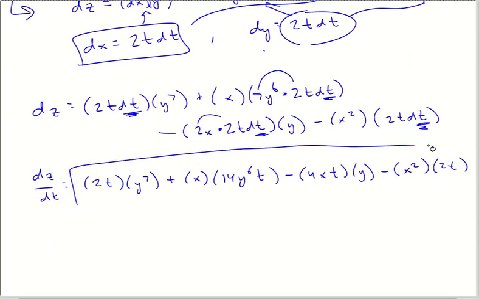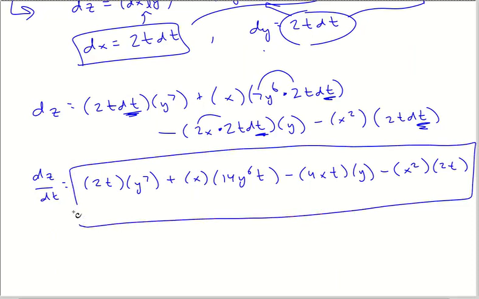You could definitely type this in and it works. Notice that it's all mixed up. T's with y's and x's. It's all over the place. And that is acceptable. You could go one step further. What they did was they said, oh, well, every term has a 2t at least. And so they factored a 2t out to the front, leaving behind y to the 7th. Here I'm taking a 2t out, leaving that 7 behind, so 7xy to the 6th.